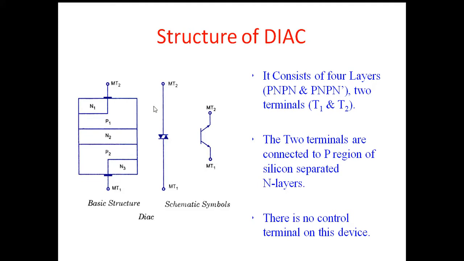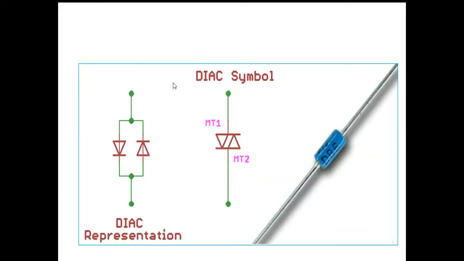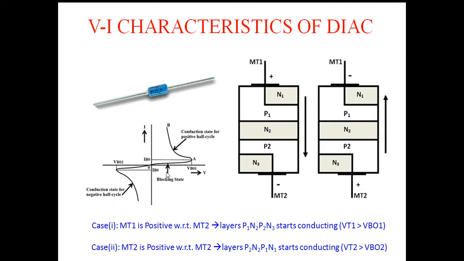So it is a four-layer PN, two-terminal MT2, MT1 device, and these terminals are connected to p regions of silicon separated in layers. We have only two terminals, and there is no gate terminal in the diac. The symbolic representation is like this. It is two diodes connected in anti-parallel.